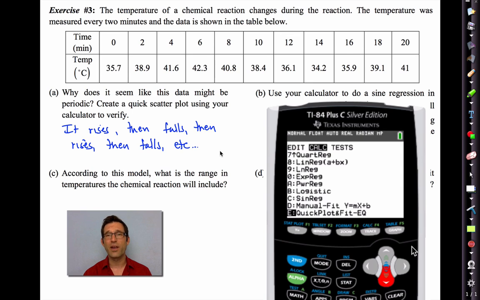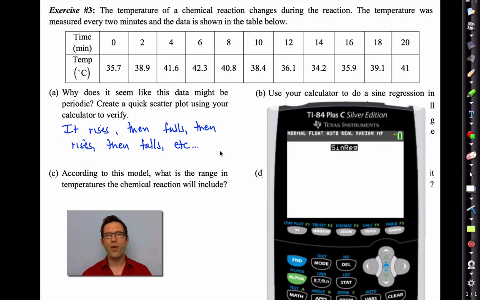On my calculator, it's option C. I have to go by options 0 through 9, all the way to option C, but there it is, sine regression. So hit return on that. Now, this is really weird. The first thing it asks us for is iterations.